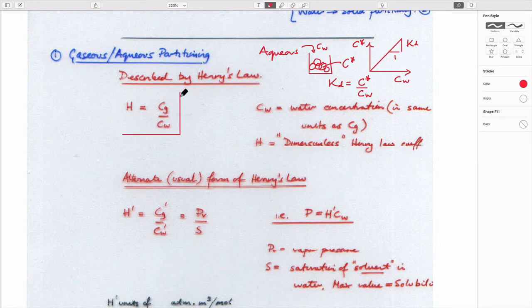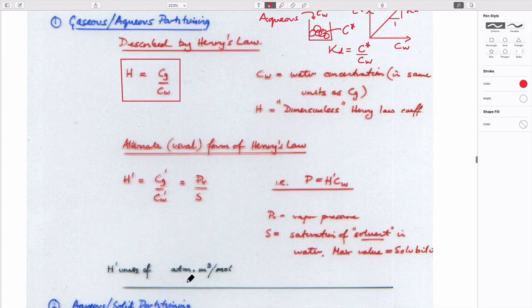But Henry's law coefficient, if you look up any environmental or mechanical engineering textbook, is usually defined in a different form, in atmospheres meters cubed per mole. And it's defined slightly differently. It's the same idea.